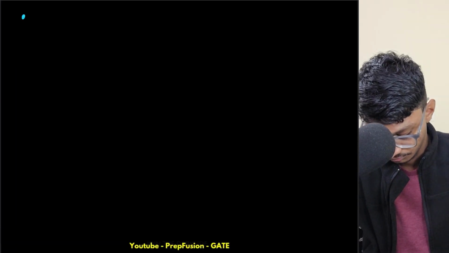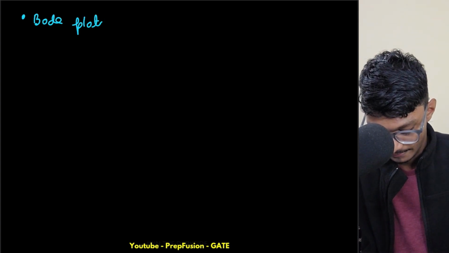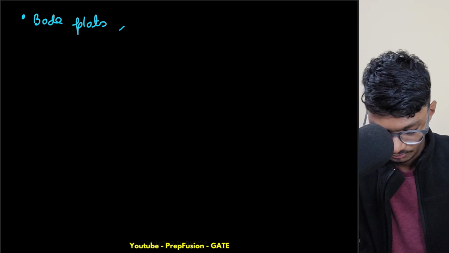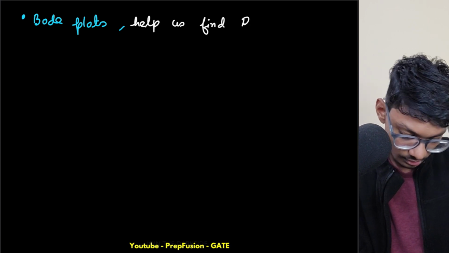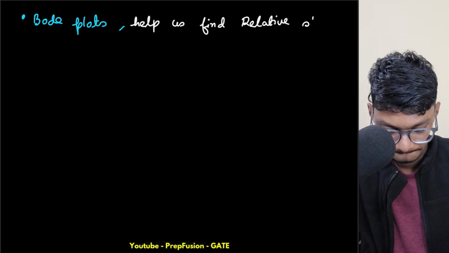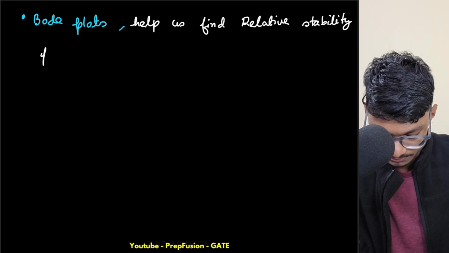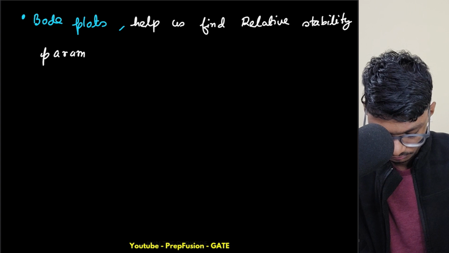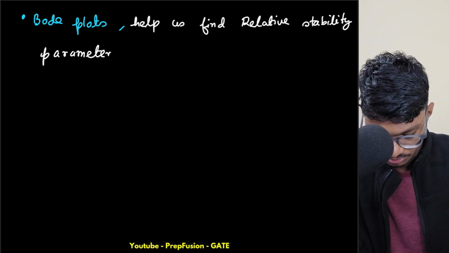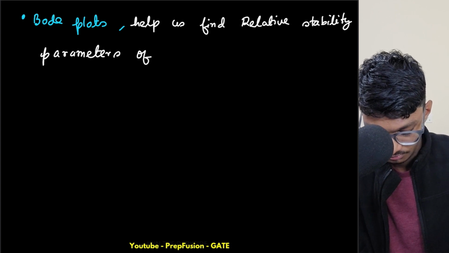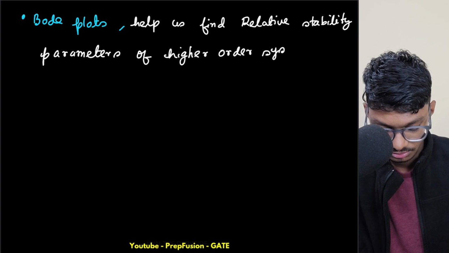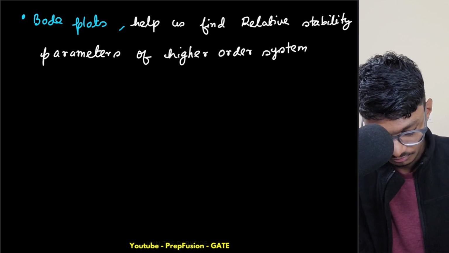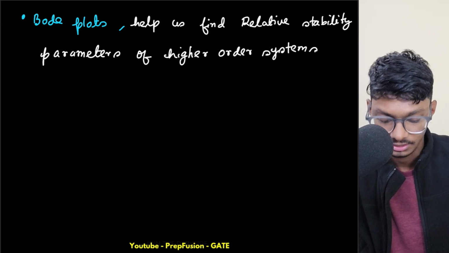So Bode plots help us find relative stability parameters of higher order systems with less calculation than the conventional method.